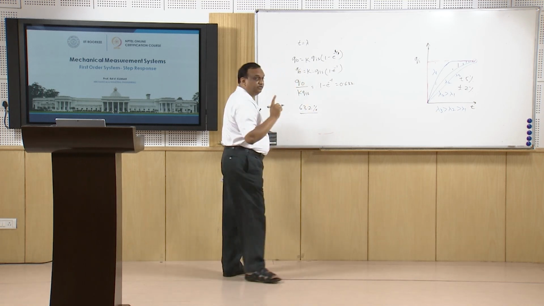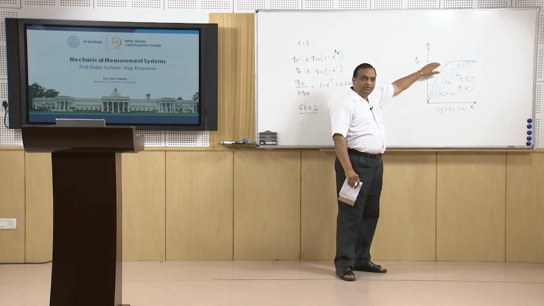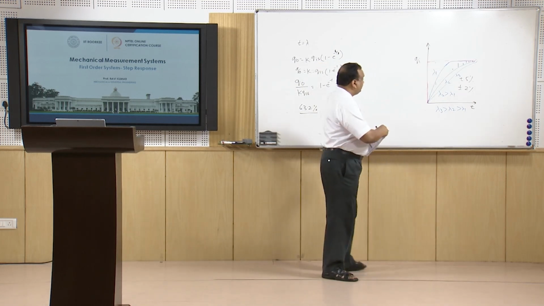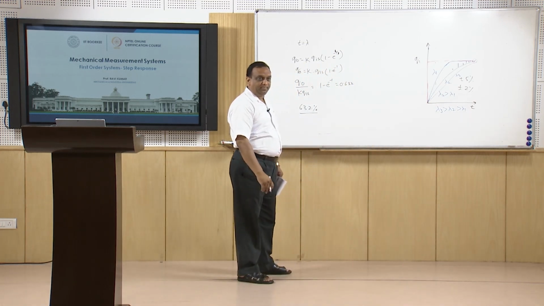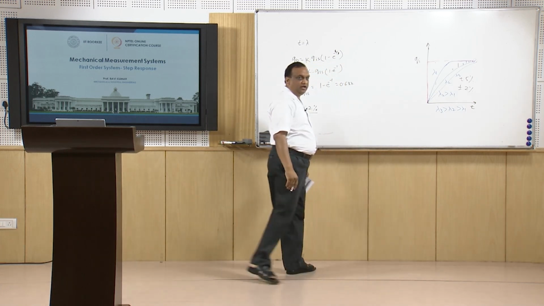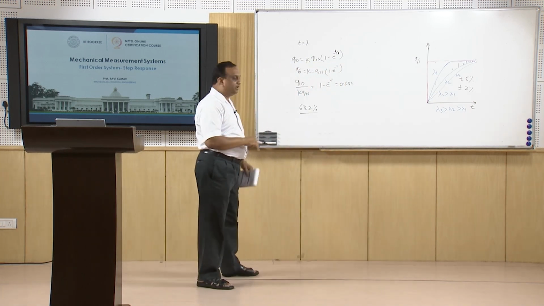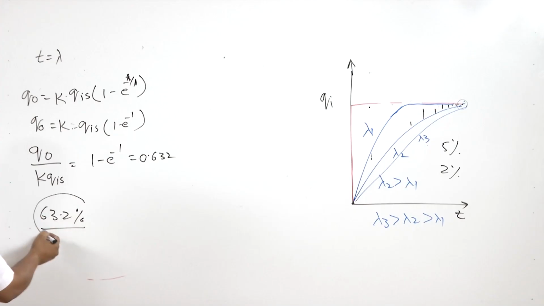Not 63.2% of final value, this is a common mistake, because here we have started the step input from 0, that is final value minus initial value. I will solve one numerical, then it will give you clear insight.